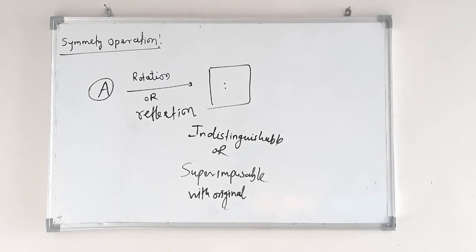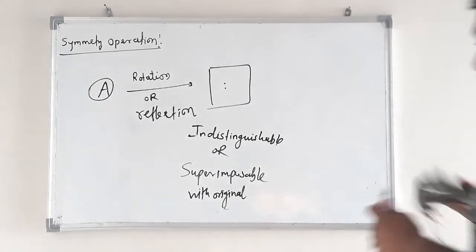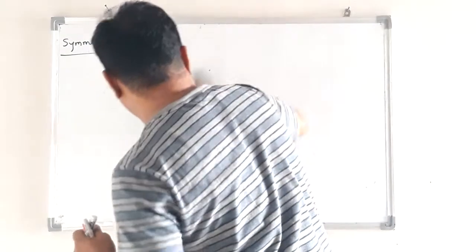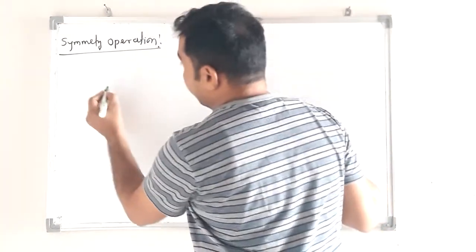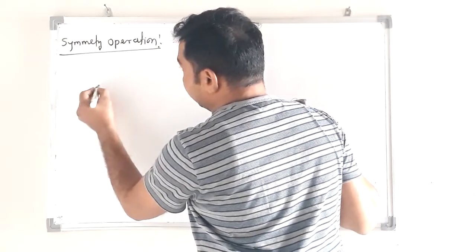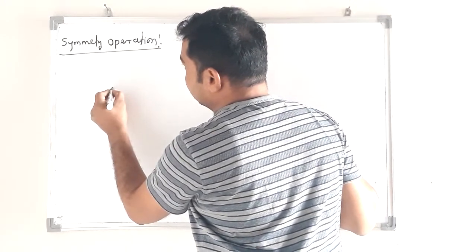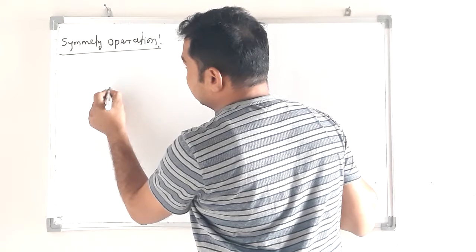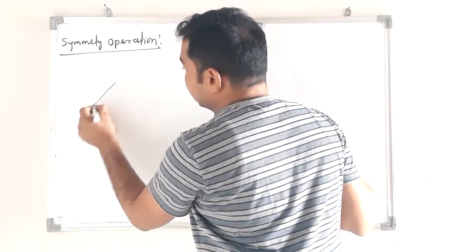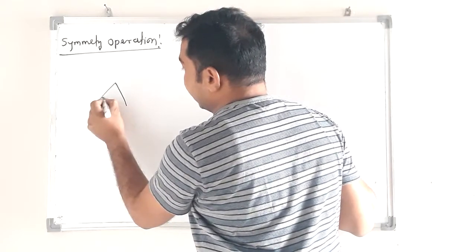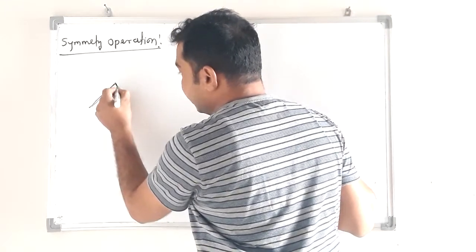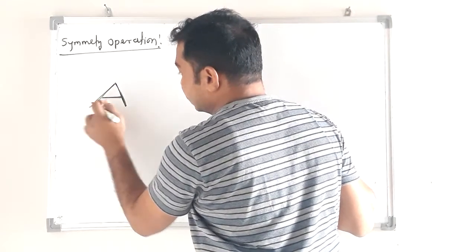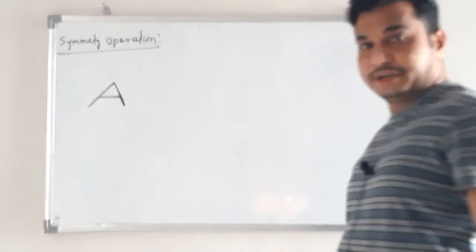Now suppose symbol A, I want to check whether it is symmetric or not, whether it possesses a symmetry element or not.